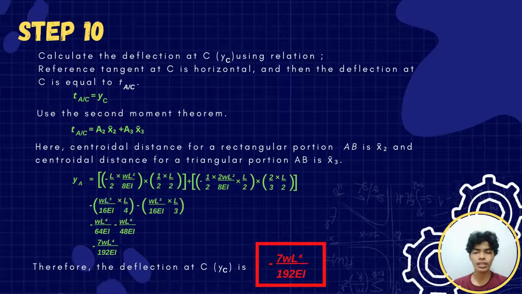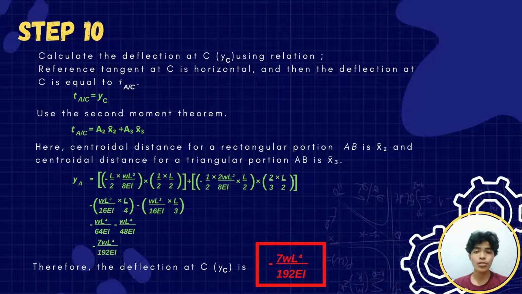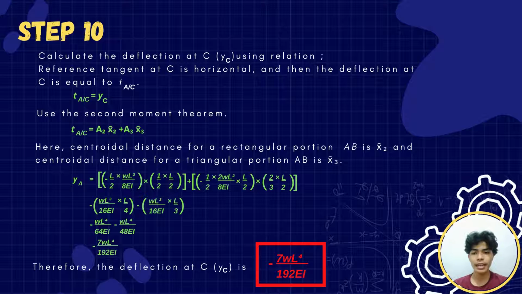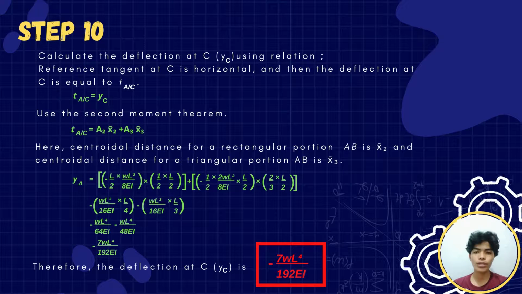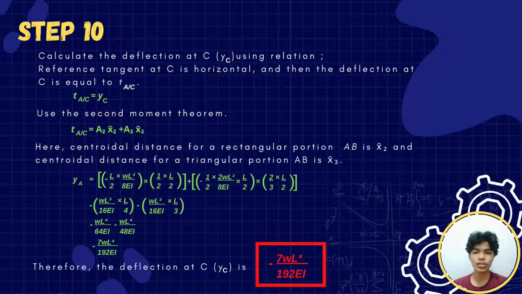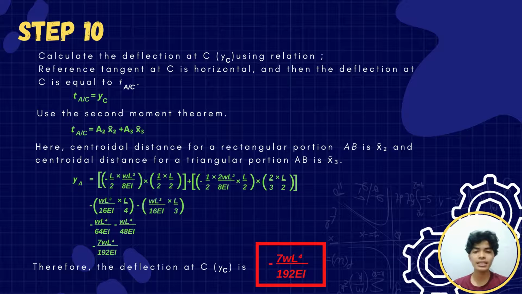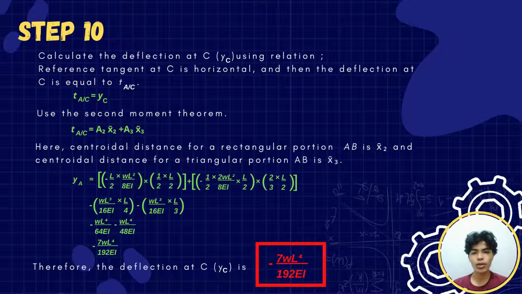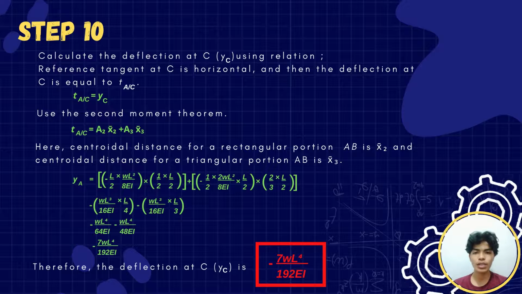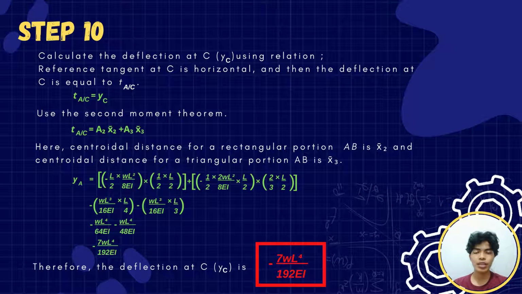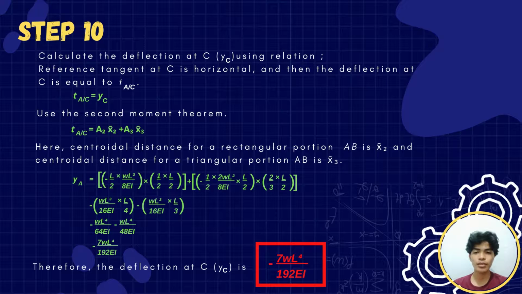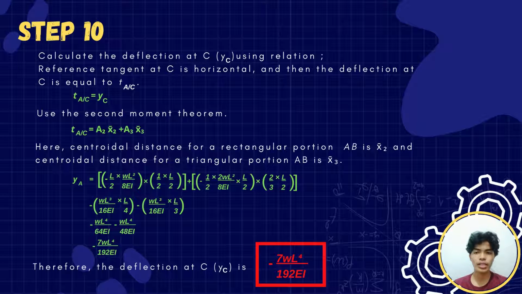To calculate the deflection at C using the relation, first is to set the reference tangent at C in horizontal, and then the deflection at C is equal to the deviation of A with respect to the tangent at C. That gives us t A over C equal to YC. And then we can also use the second moment area theorem given, that one, the color green.